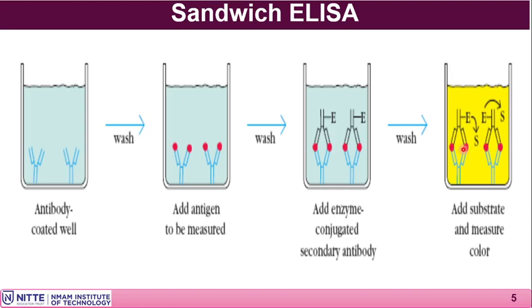In addition, this technique also is used for detection of HIV antigen and other antigens which are found in very small quantities. Even some of the cancer antigens are recognized by the ELISA technique.